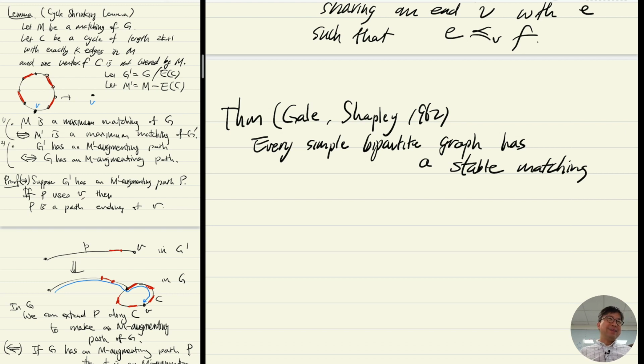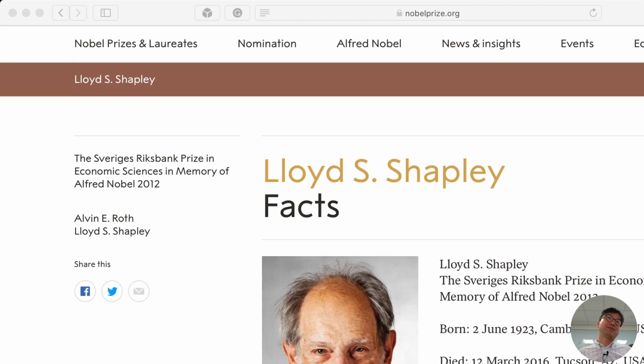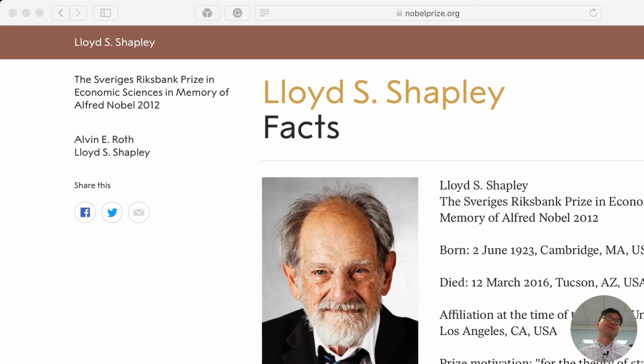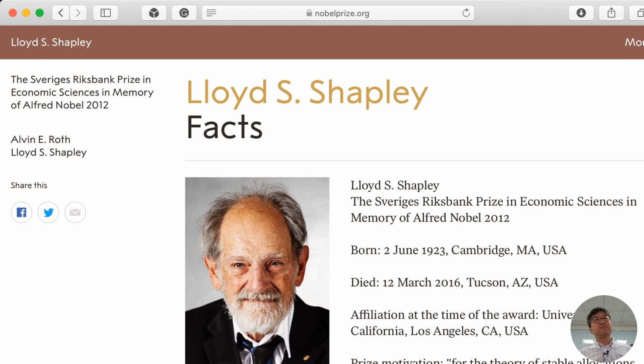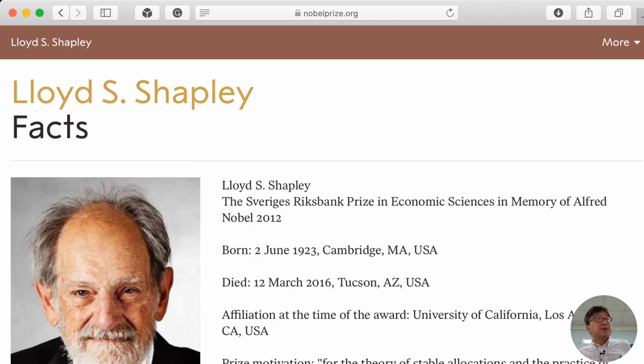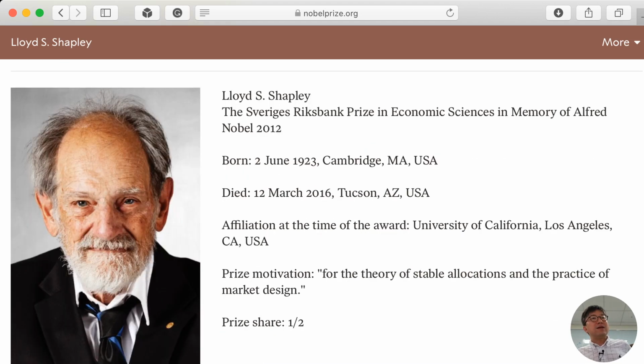Okay, and due to this work, Shapley got the Nobel Prize in economics. Okay, so can you see this screen? So this was in 2012. This mathematician and economist, Shapley, got the Nobel Prize with some other person, not with Gale, because Gale passed away before this Nobel Prize. So the prize motivation was for the theory of stable allocation.